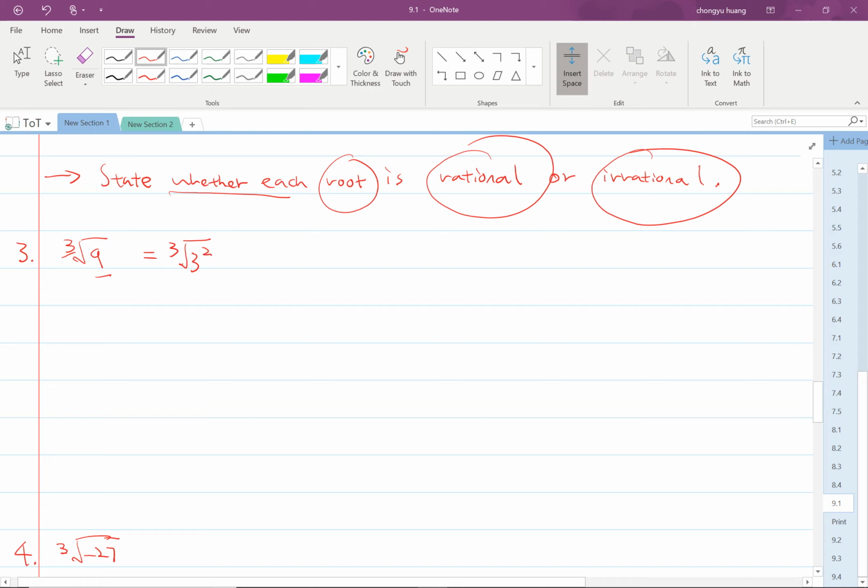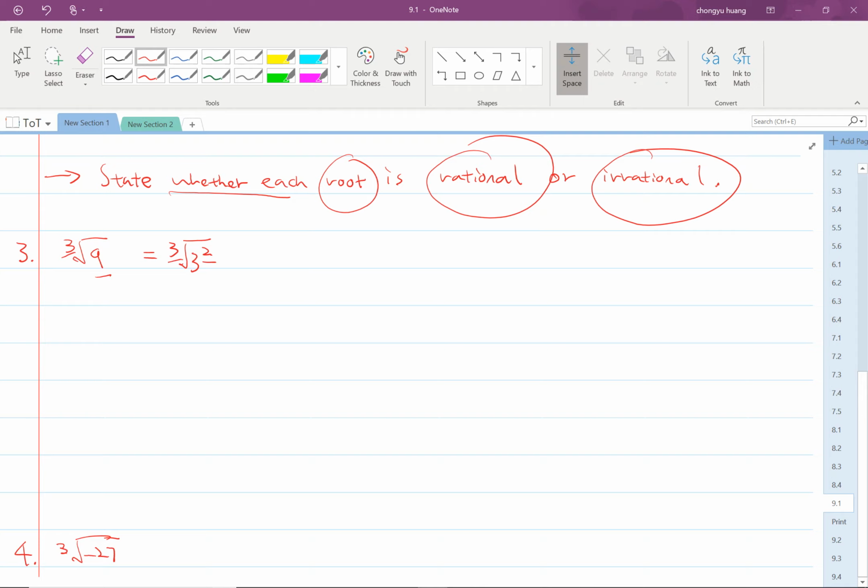We only have a power 2 over here, but outside is a cubic root. So that basically means we cannot solve this problem. We just basically cannot solve it.